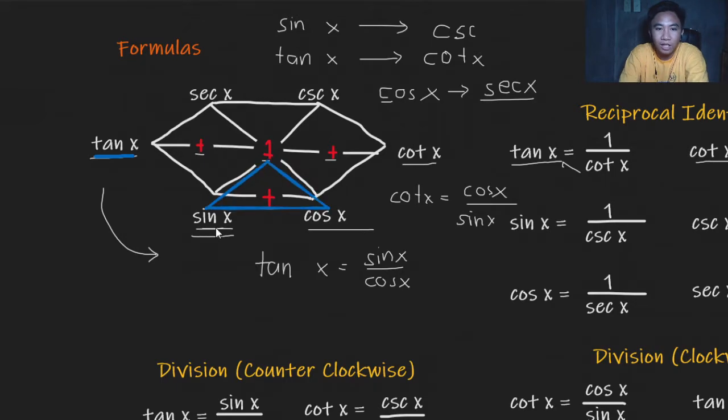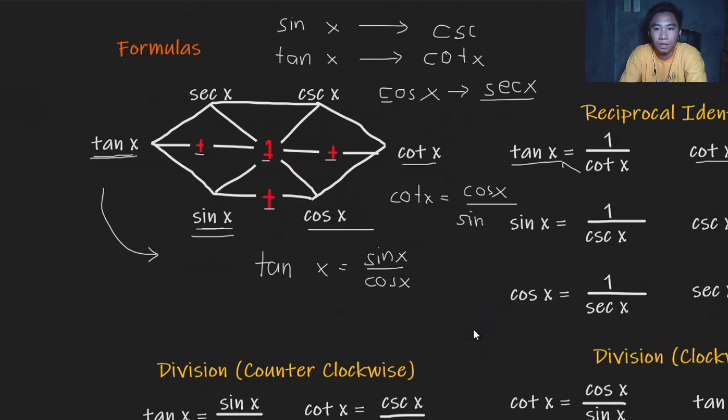So, sine squared x plus cosine squared x is equal to 1. And then, the last but not the least, 1 plus cotangent squared x is equal to the cosecant squared x. So, yan na yung mga formulas natin.